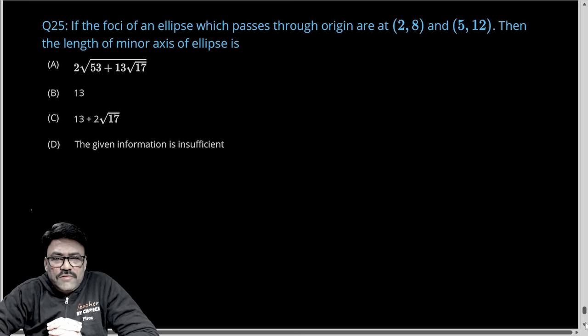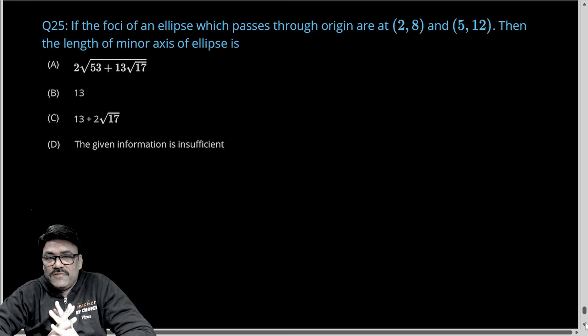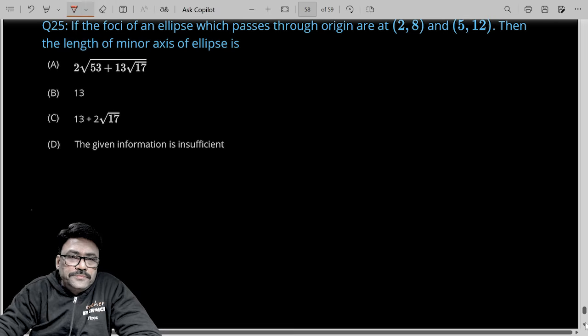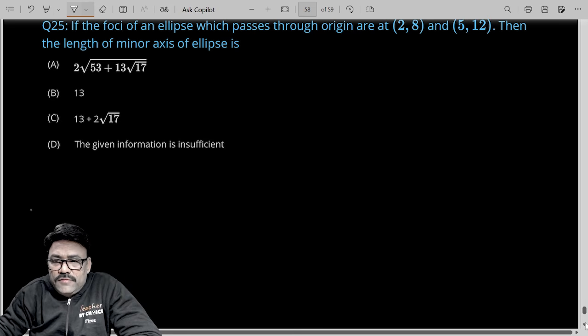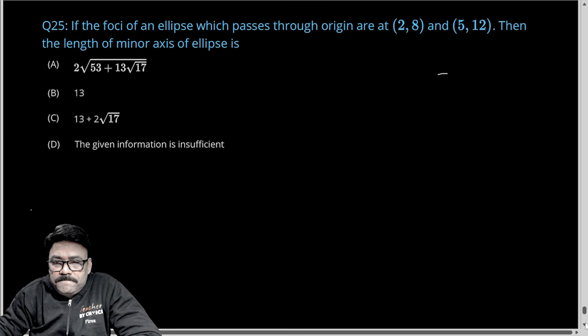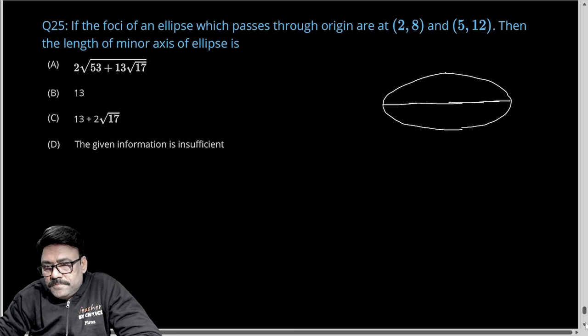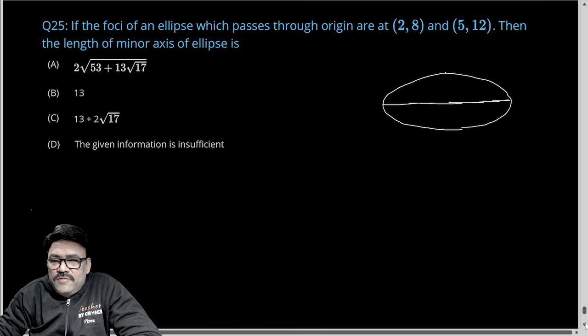Okay, see this question. This is from an ellipse. The foci of an ellipse passing through the origin are 2, 8 and 5, 12. So you have an ellipse here. Let's say this is your ellipse, and this ellipse is passing through the origin.